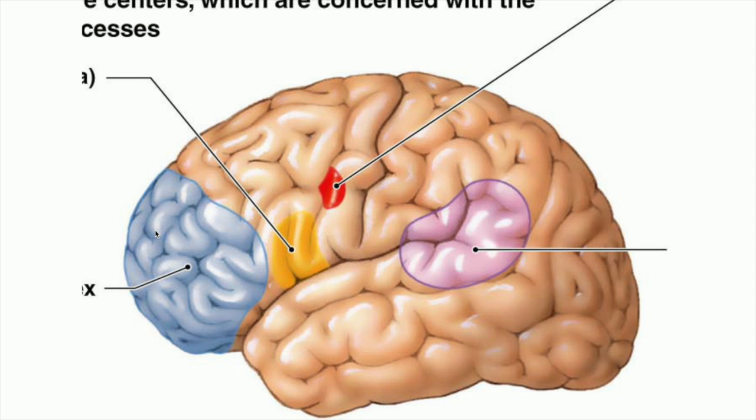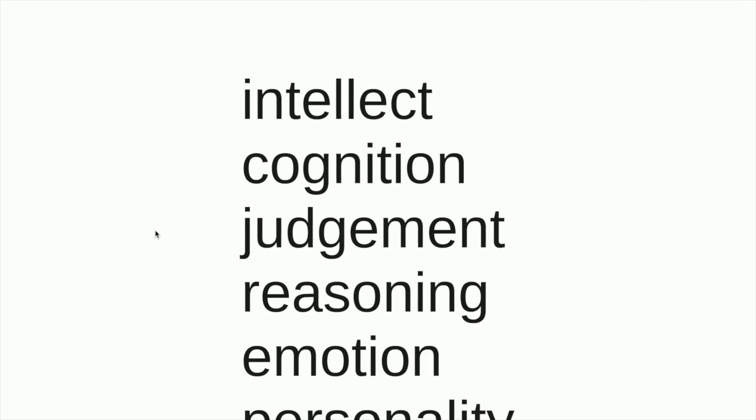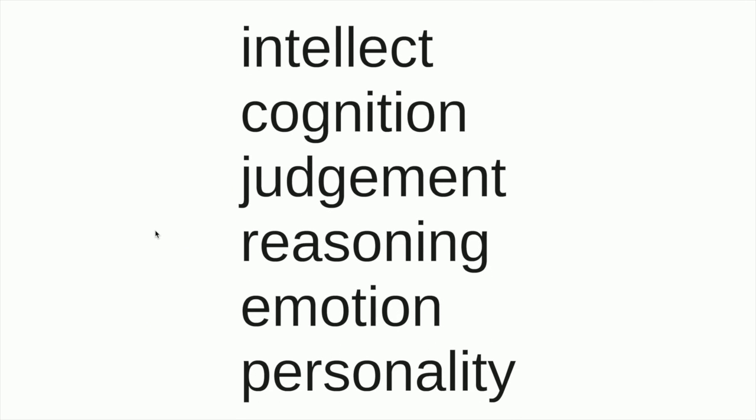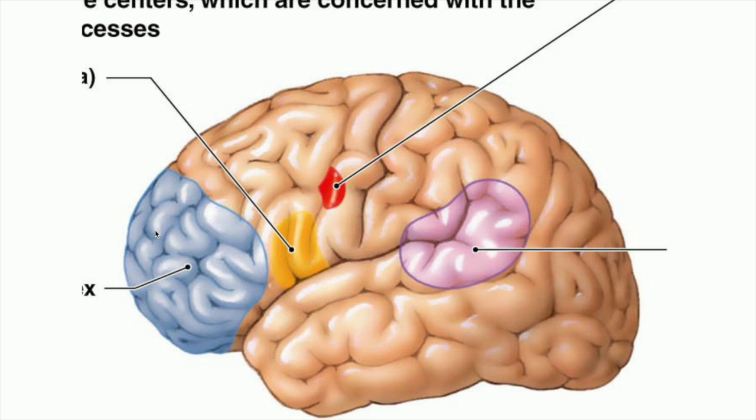In blue here you have the prefrontal cortex, which is involved with several things like intellect, cognition, judgment, reasoning, emotion, and personality. Then we have the frontal eye field, which controls learned eye movements.